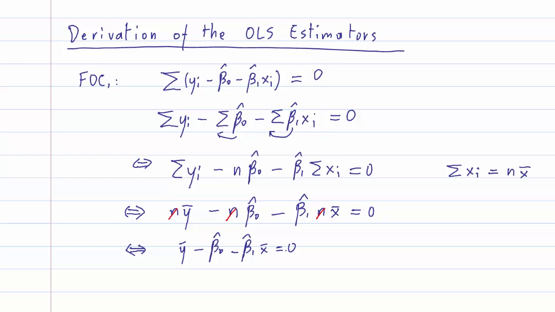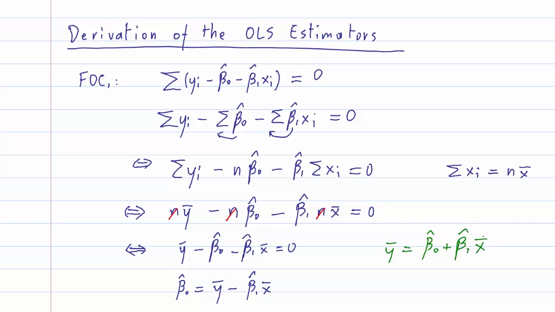I can rewrite this as beta 0 hat equals y bar minus beta 1 hat x bar. I can also rewrite this as y bar equals beta 0 hat plus beta 1 hat x bar.